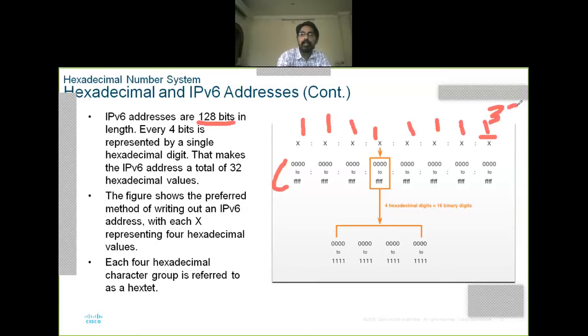So what is the representation of IPv6? Hexa. 32 hexadecimal values were there in the IPv6 address format, right?